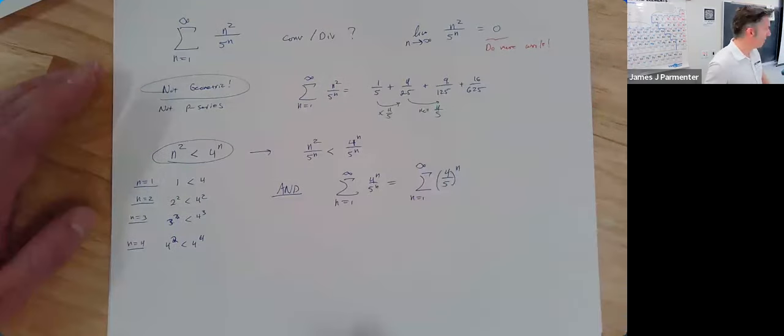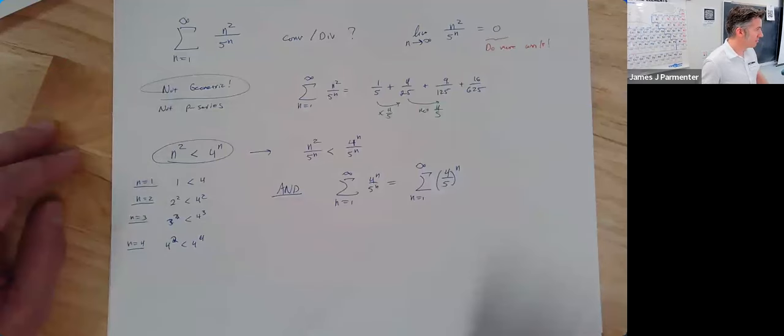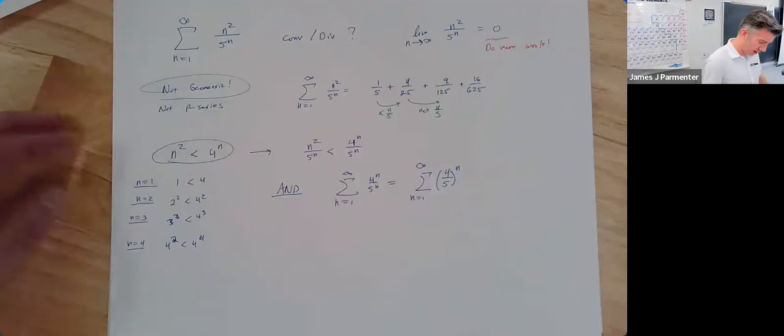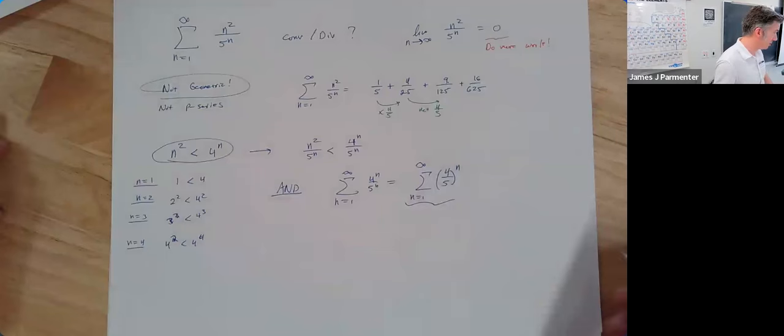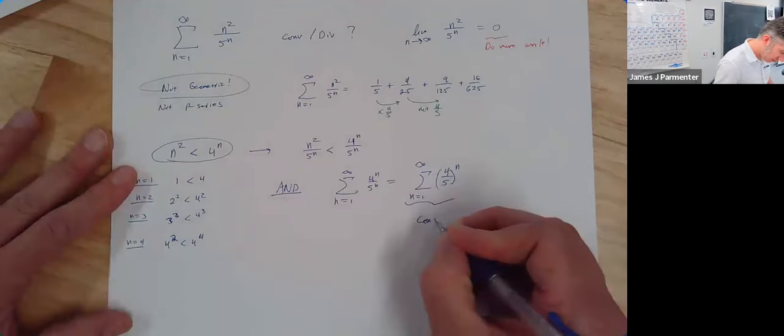What kind of series is that? Yeah, it's totally geometric. Is it a convergent or a divergent geometric series? Right, this is a convergent geometric series.